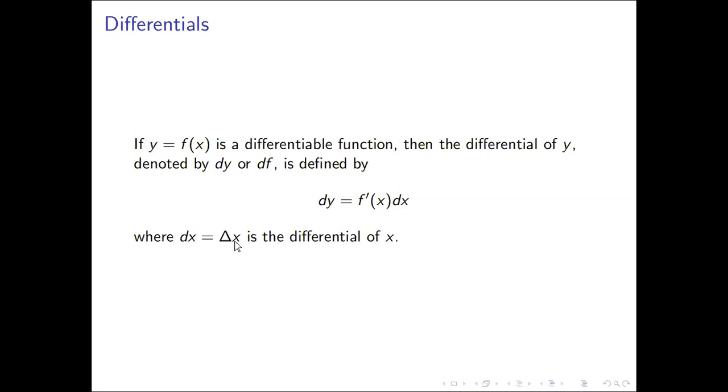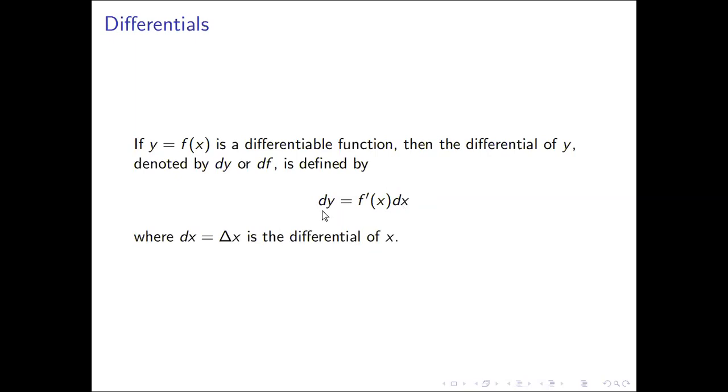Now, this is a definition. dx is just defined to be the same as delta x, whereas dy is not the same as delta y, but defined to be given by this equation. We will see that with some illustrations. But if you're gonna ask, where did this come from? Well, I won't give a technical, formal explanation, but if you divide by dx, what happens?